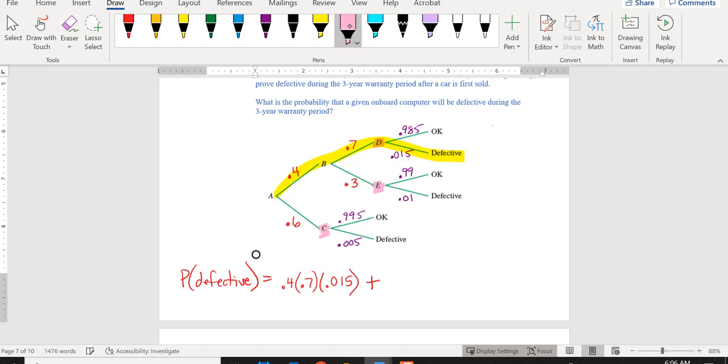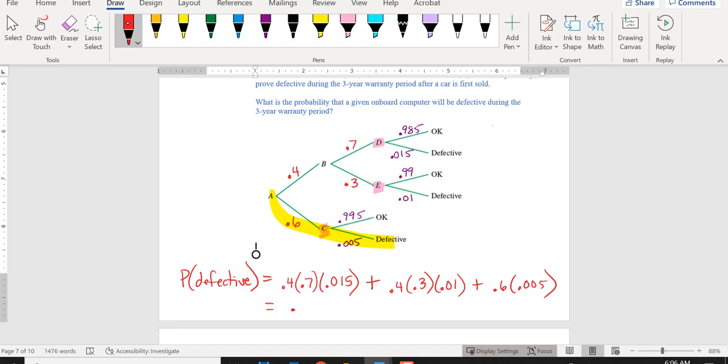We can go this route, which is 0.4 times 0.3 times 0.01. And one last route, we could go that route. So that's 0.6 times 0.005. When you do that arithmetic, you will get 0.0084.